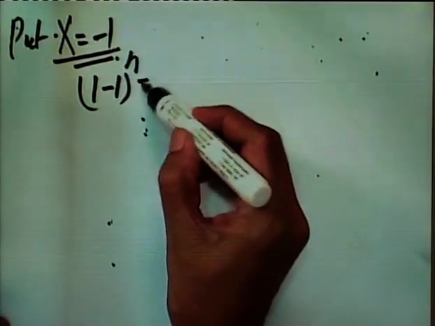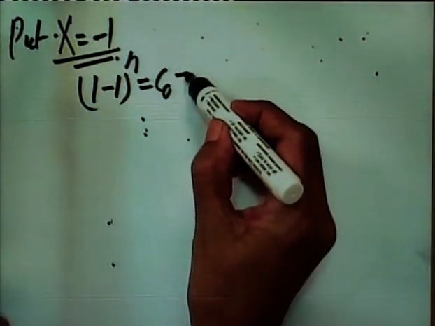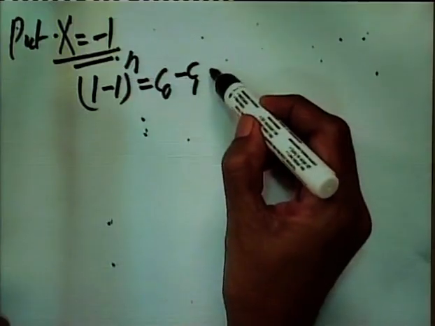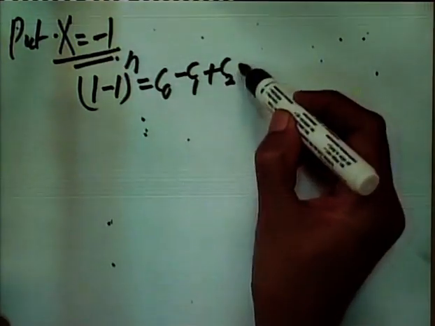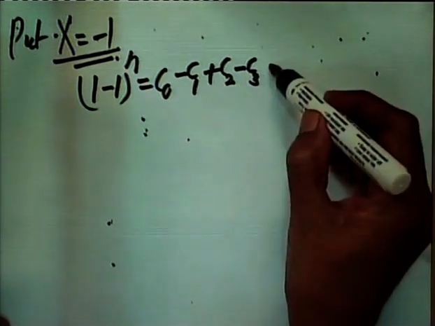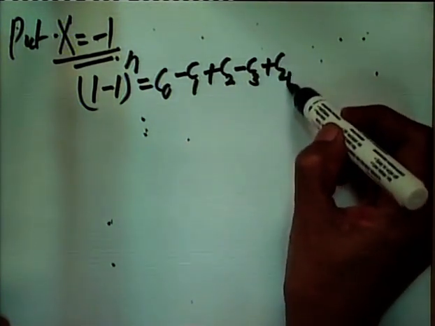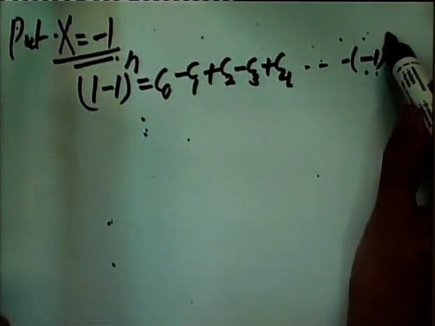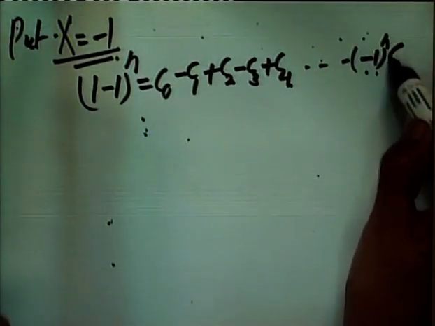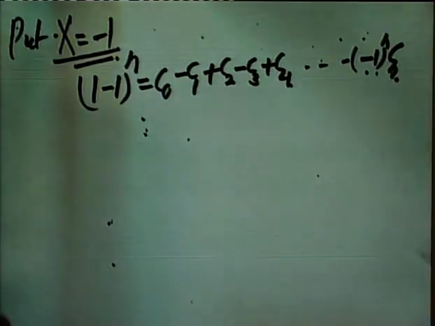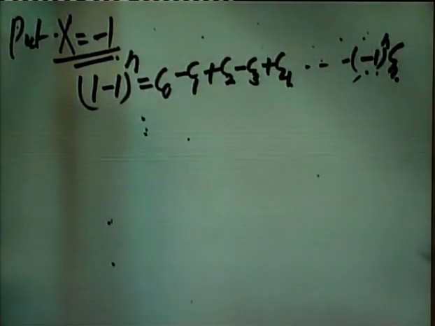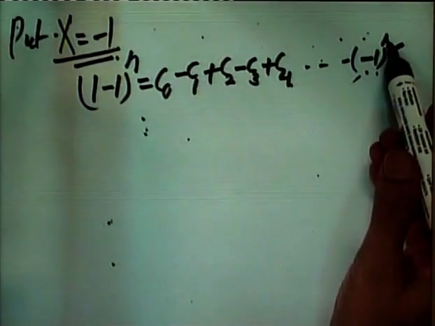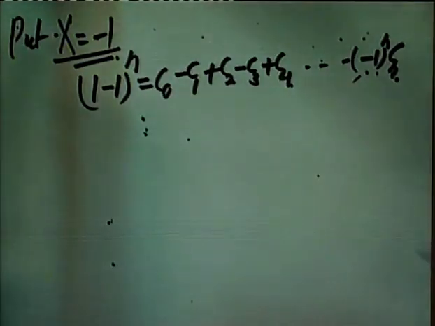This is equal to C0 minus C1 plus C2 minus C3 plus C4 and depends, minus 1 raised to power n Cn, because it could be minus 1 or plus 1 depending upon the nature of n. When n is even, it is plus, when n is odd, it is minus 1.